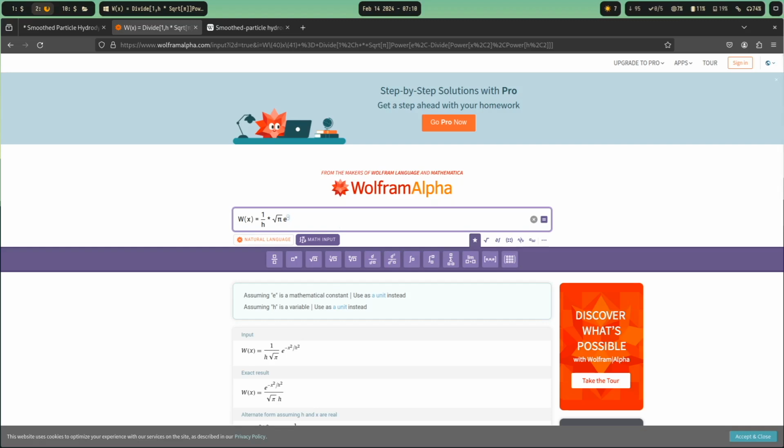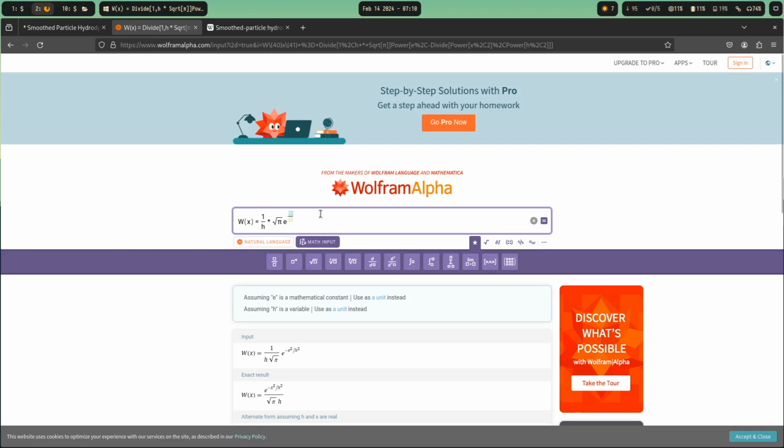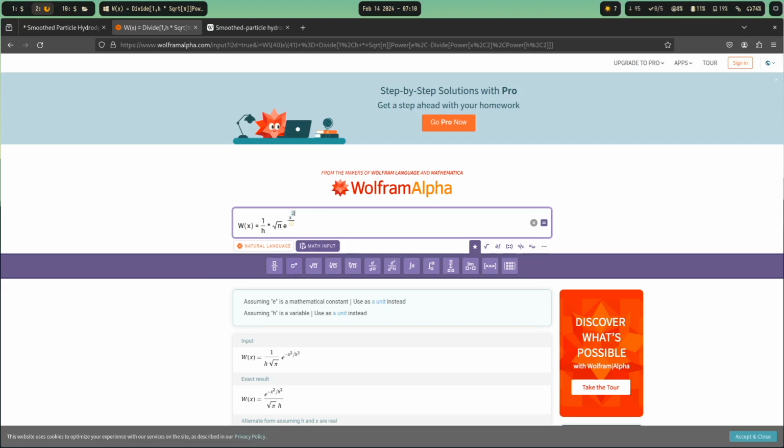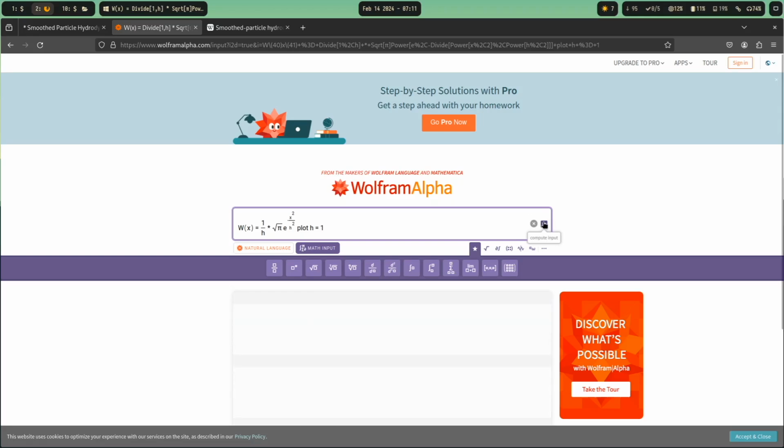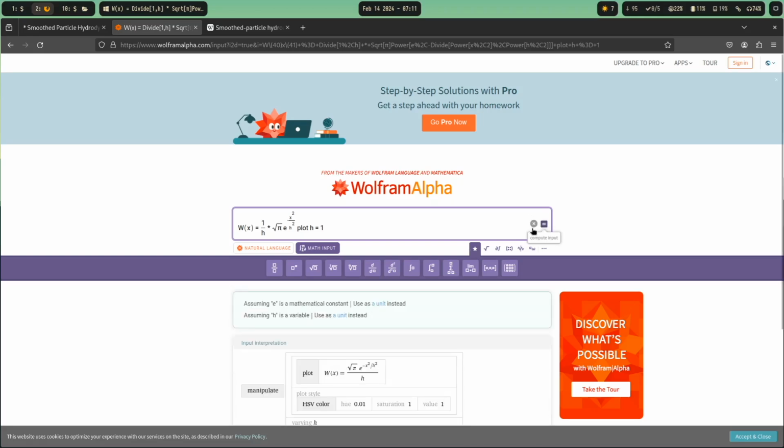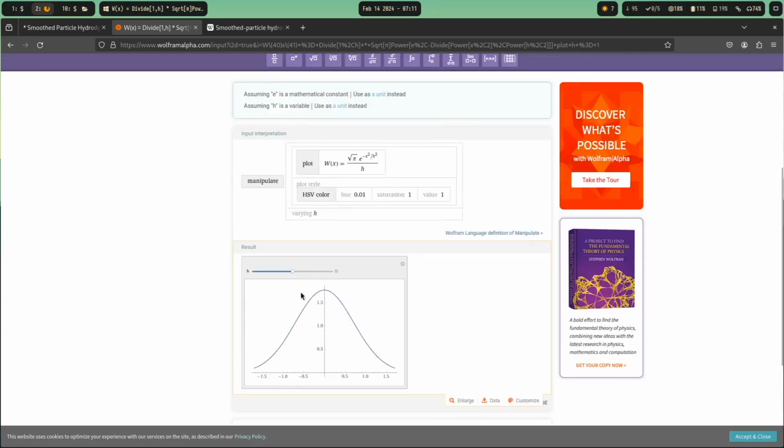So it's minus this thing, x squared over h squared. So if you say plot h equals 1 or something, well, yeah, I mean it looks like this, right?